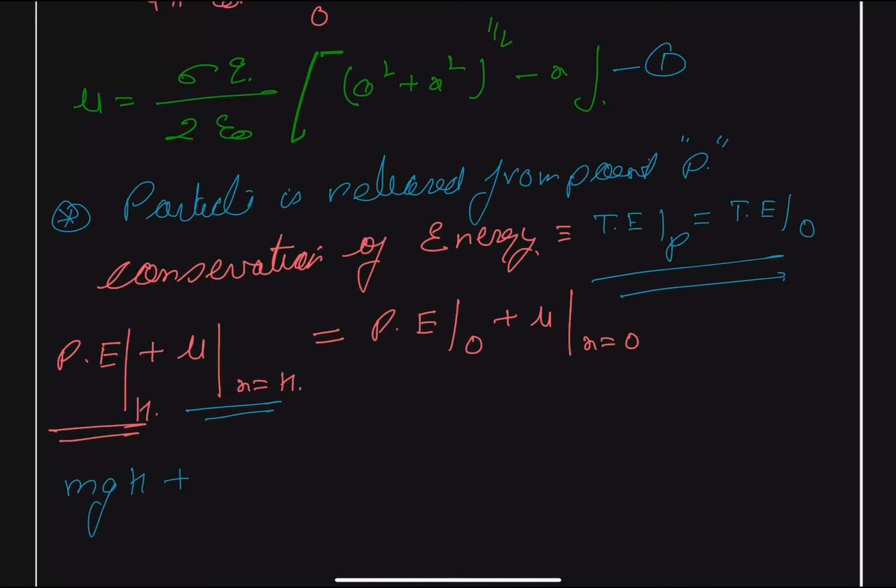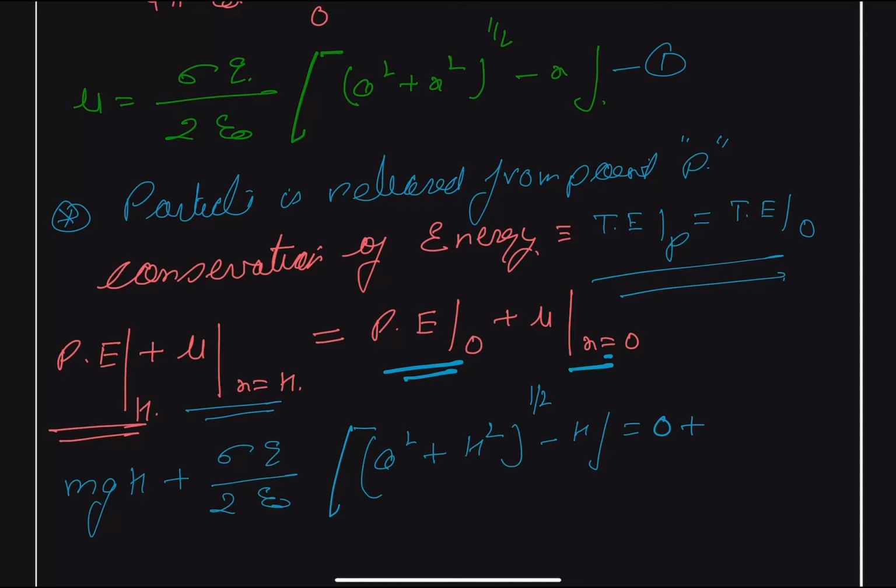So we get sigma q upon 2 epsilon naught, and this will be (a square plus h square) to the power 1 by 2 minus h, and potential energy at point O, obviously height will be 0, so this will be 0, plus the electrostatic potential energy at x is equal to 0.